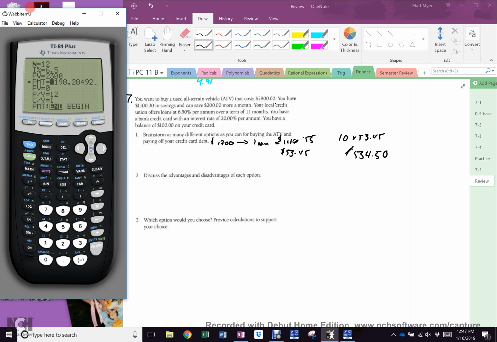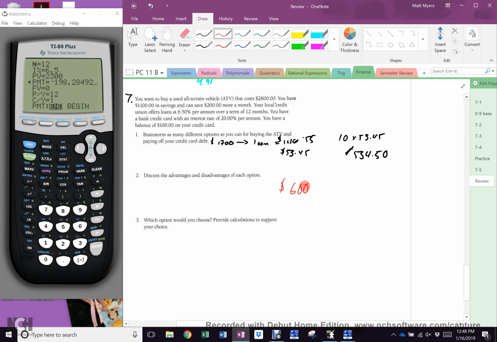He needs to use 500 of it because he's borrowing 23. So he would have 600 left in his account, right? He'd have to pay 100 on his credit card. So he got 500 left in his account. Agreed? And he's got the ATV right away, just like he had before.